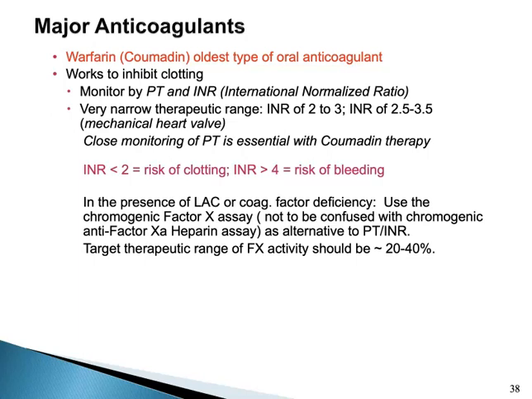An INR less than 2 signifies that the patient is at risk of clotting, and an INR greater than 4 signifies that the patient may be at risk of bleeding. So therapeutic anticoagulants need to be greatly monitored, and in this particular case they also need to be adjusted.